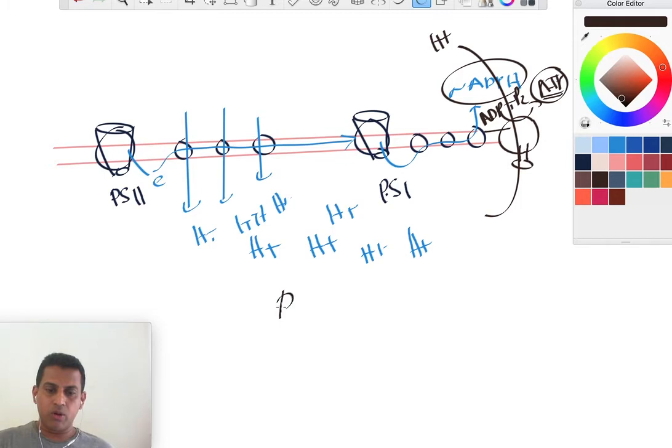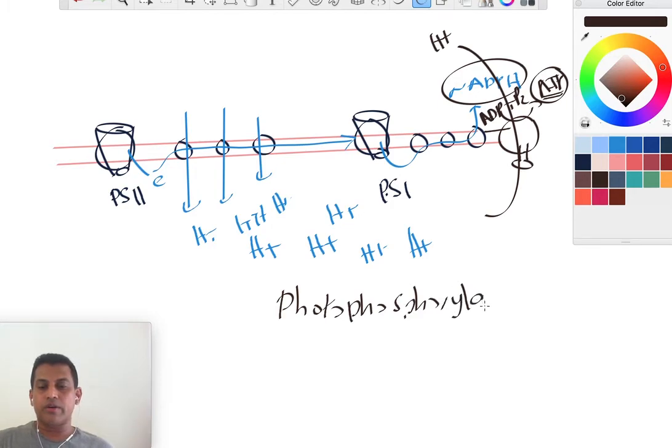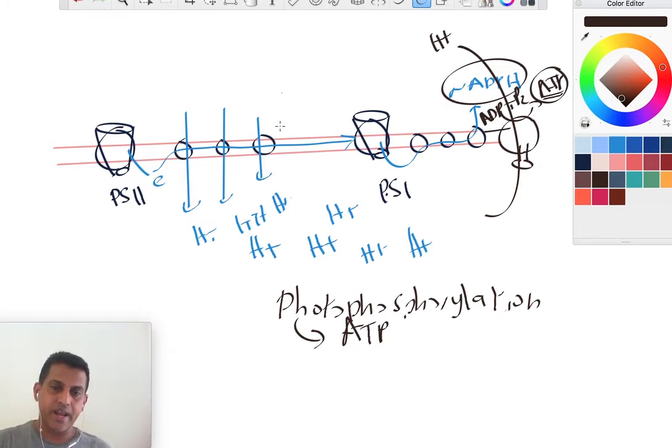So this is called photophosphorylation. That is, ATP is formed from the light. And the hydrogen ion gradient created here and pumped out is called chemiosmosis.